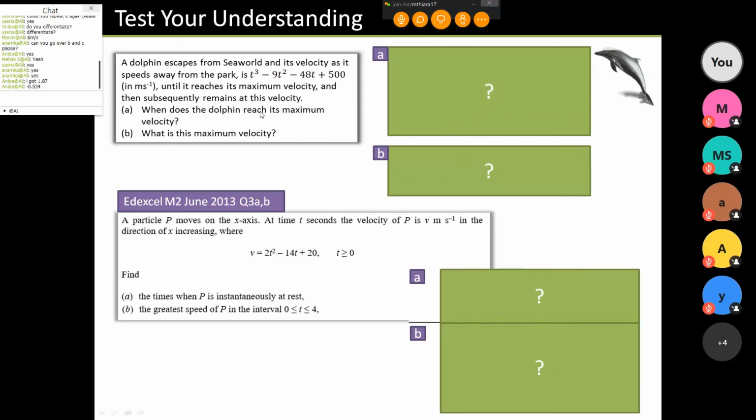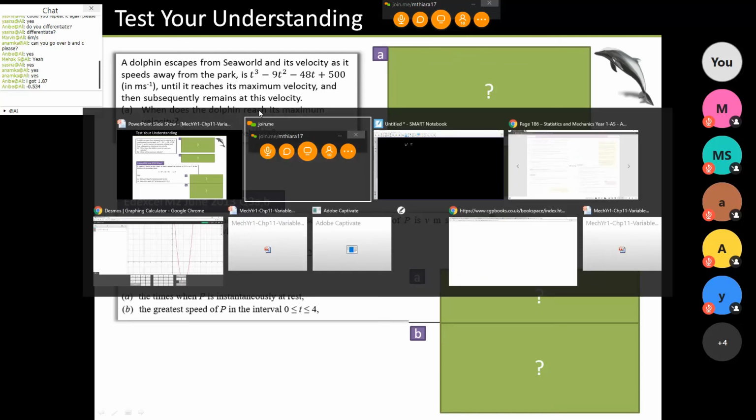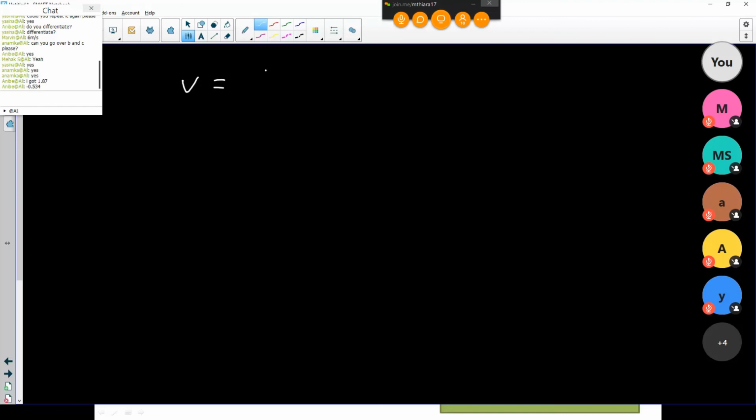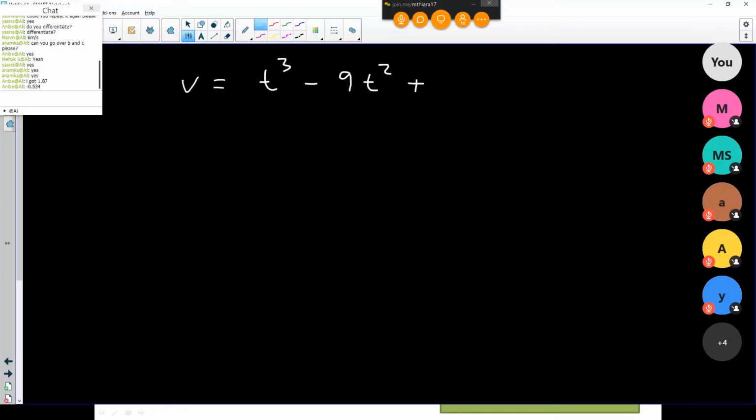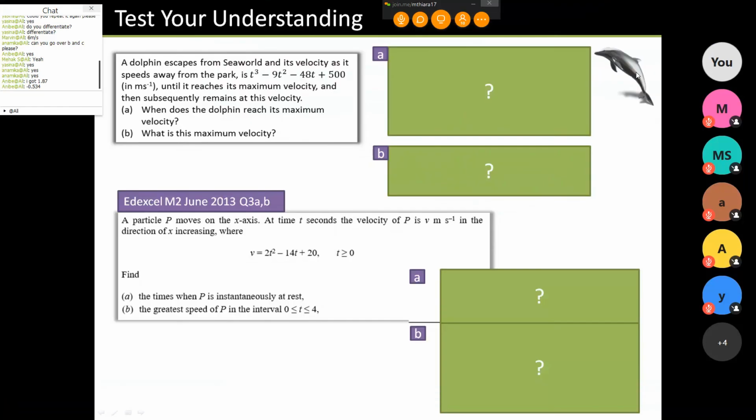So here I'm going to have t cubed minus 9t squared minus 48t plus 500, and that is our velocity formula.